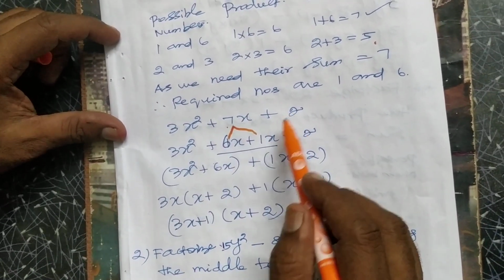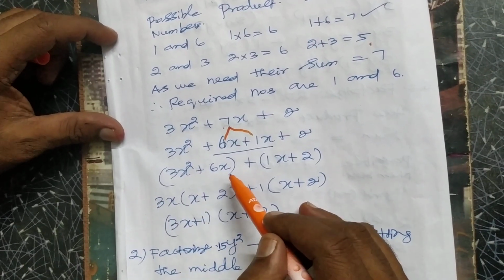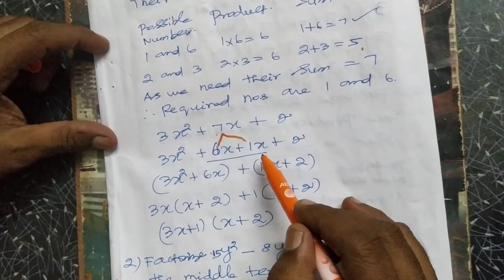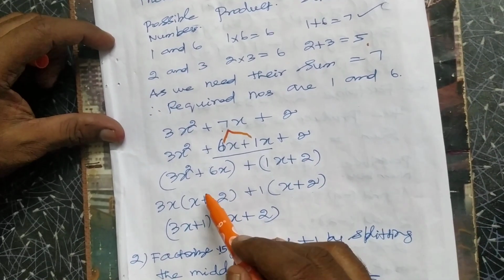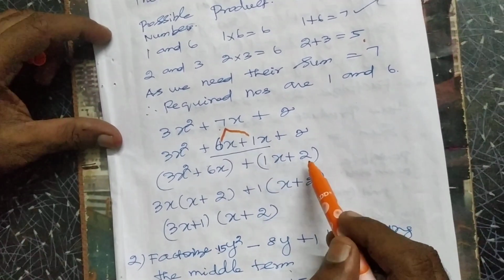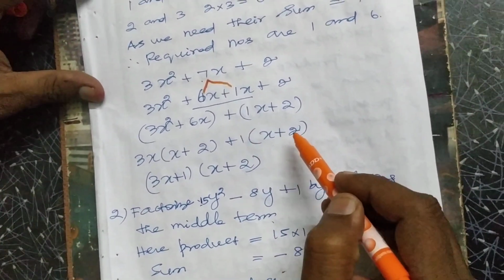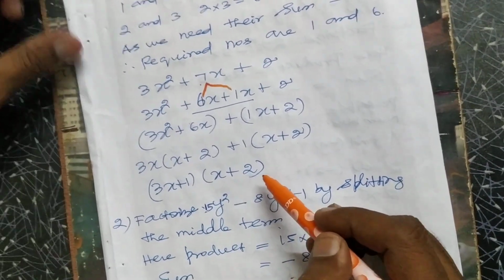Earlier it was 3 terms, now it is 4 terms. Now split the first 2 terms into one group and the third and fourth terms into another group. Now take out the common factor 3x, x plus 2. Here 1 is the only common factor, x plus 2. Therefore the final answer is 3x plus 1 into x plus 2.